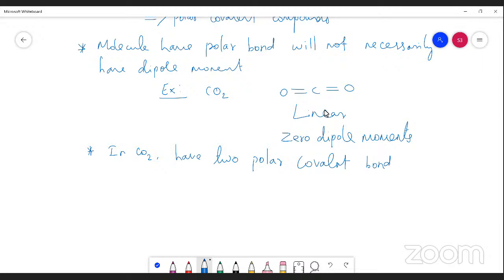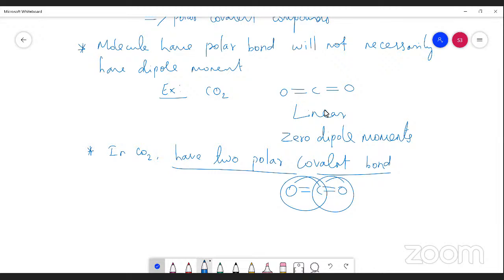One is oxygen double bond carbon, another is carbon double bond oxygen. In carbon dioxide, we have two polar covalent bonds.